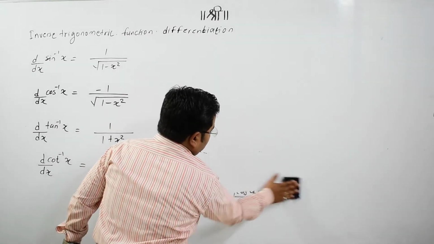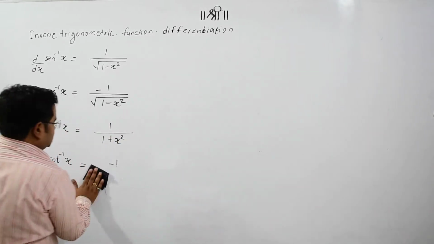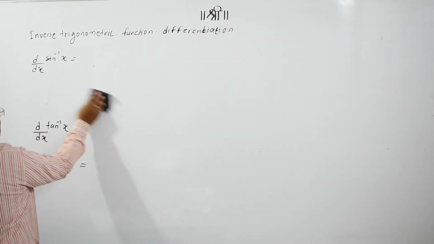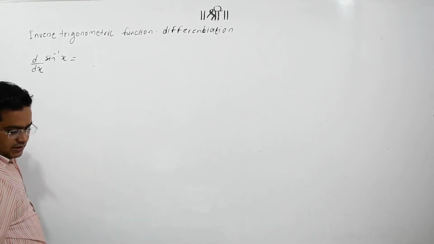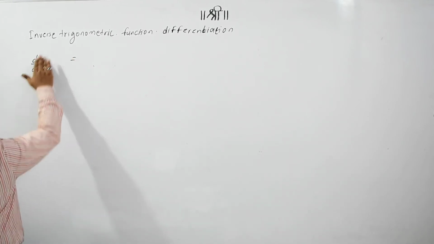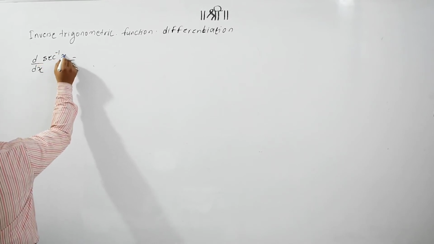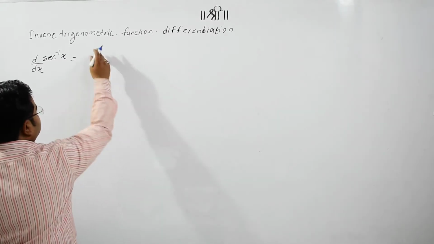So sec inverse of x, again having an interesting value. Okay, so we need to look at that. So if I put sec inverse of x, what should be our situation over here?